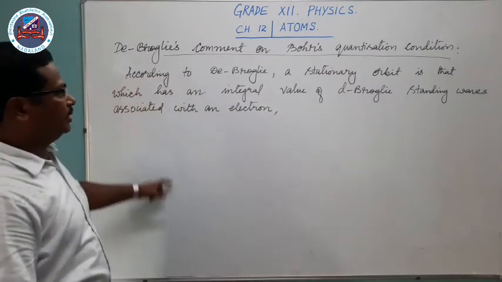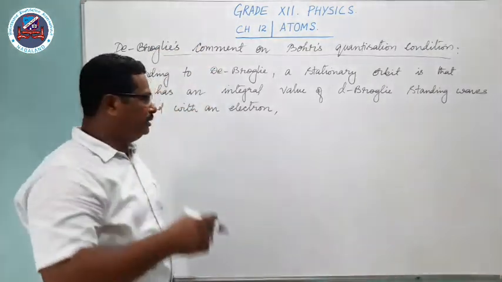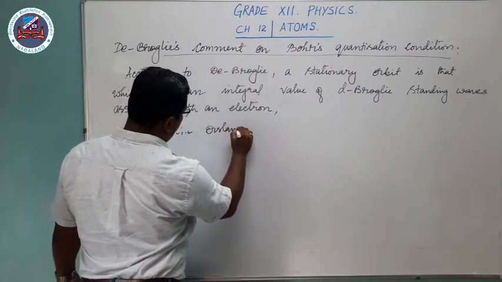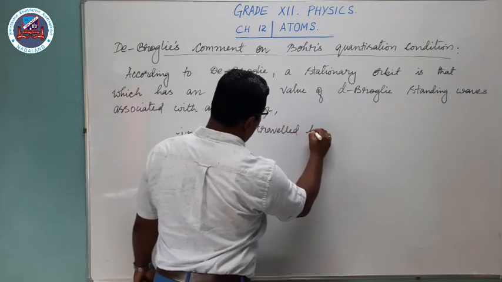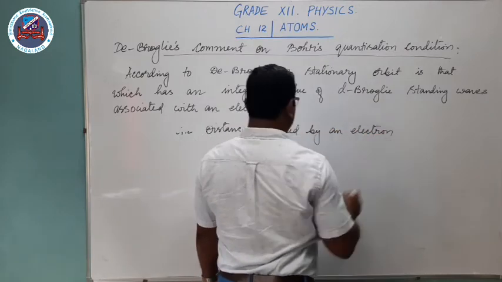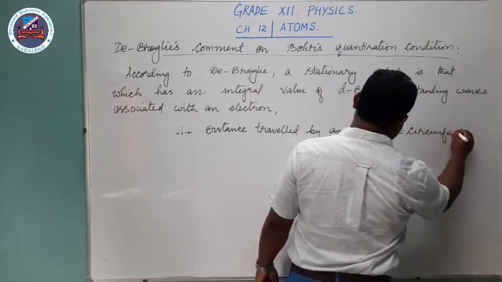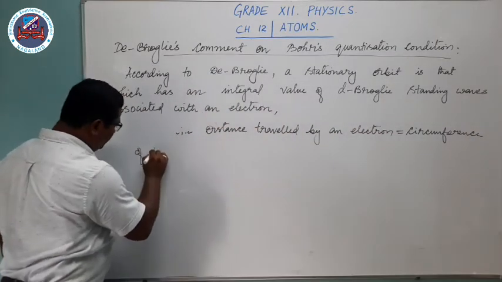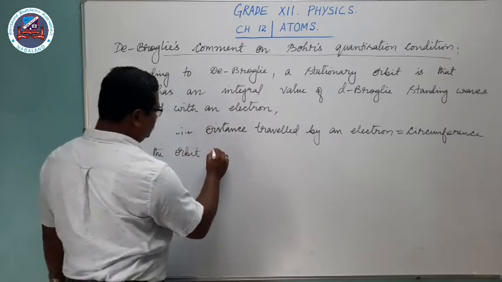This is what he said. So for a stationary orbit, one round to go, the total distance traveled by an electron is equal to the circumference of the orbit, that we take as 2 pi r.